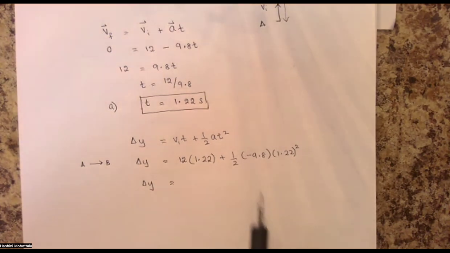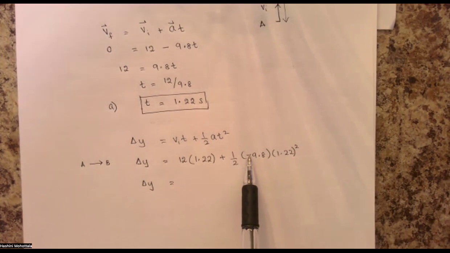Watch out for the negative sign. If you don't have the negative sign, you will end up with a wrong answer. And also watch out for the units. Units matter. Without a unit, the answer is wrong.